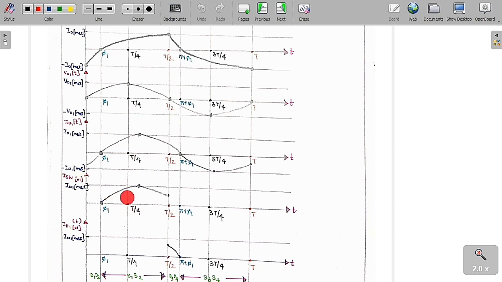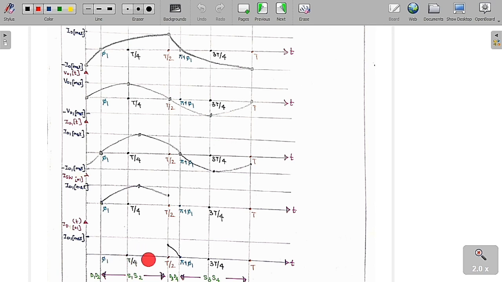Now I want to find the fundamental switch current. For switch S1, it is conducting only from phi 1 to pi. Whenever the switch S1 is conducting, the output current is equal to the current in the switch.